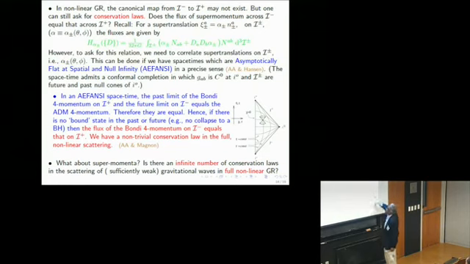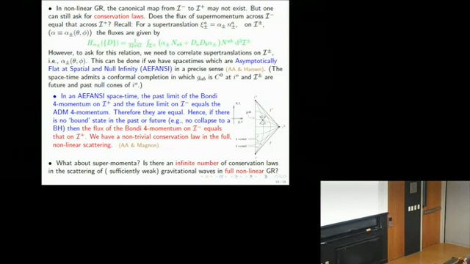So for this AFANSI spacetime, with the precise definition up here, the statement is that the structure at I0 is such that we can actually set up a mapping between generators here and generators here, and it turns out to be sufficient to say what I mean by the same supertranslation on Scri+ as on Scri-.